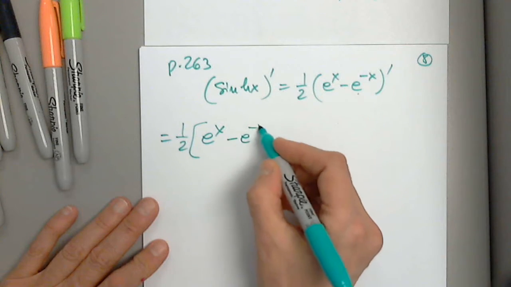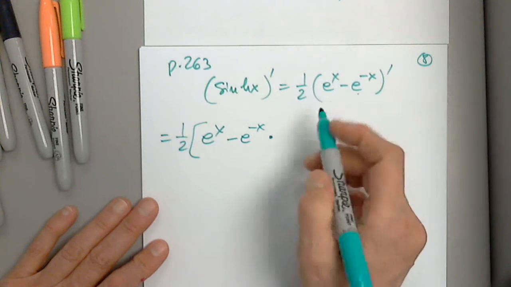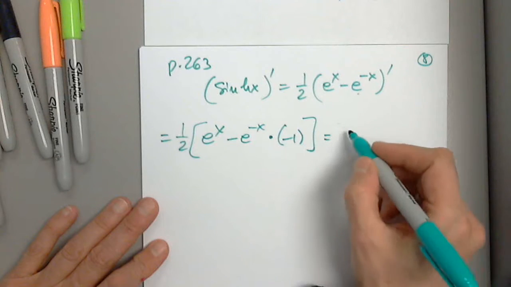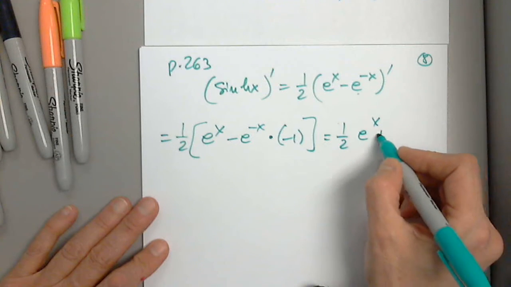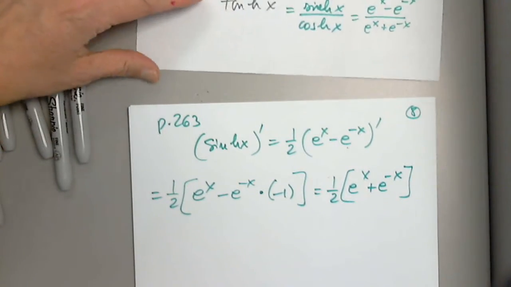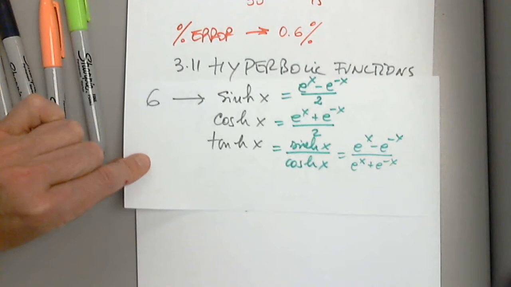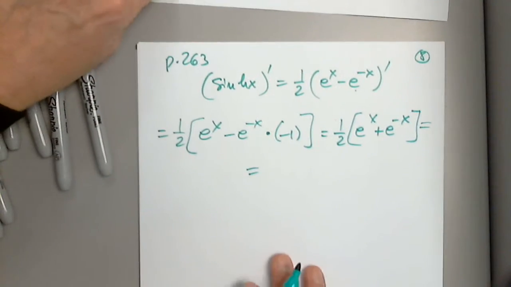So it's minus e to negative x times the negative, exactly, very good. So this is 1/2 e to the x plus e to negative x. So now let's go back to our list and say, oh, I know this is equal to, exactly, hyperbolic cosine.